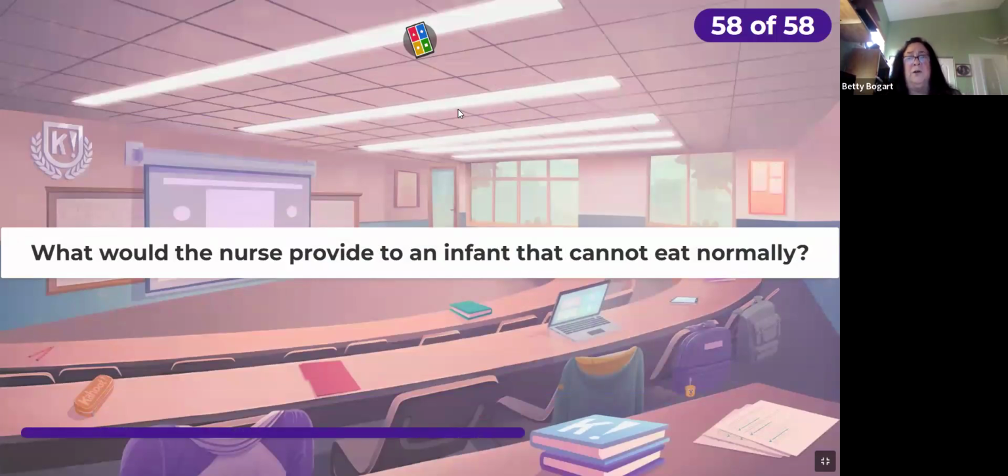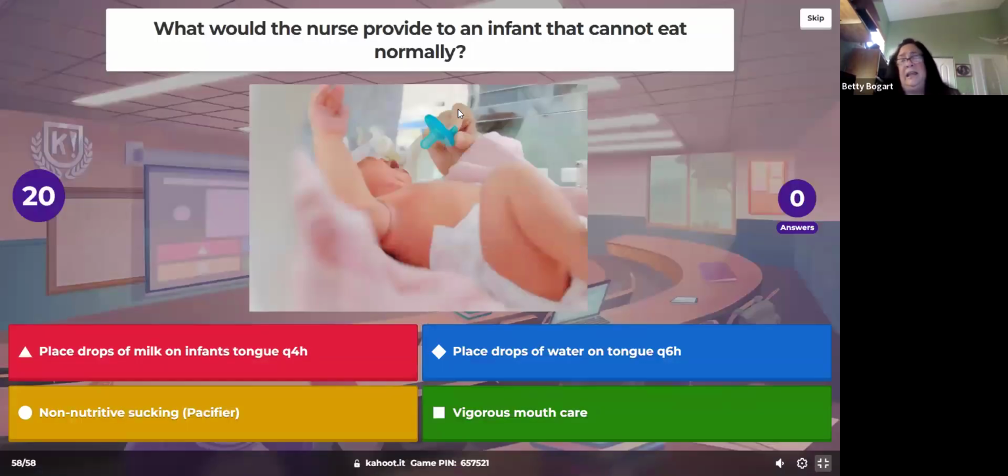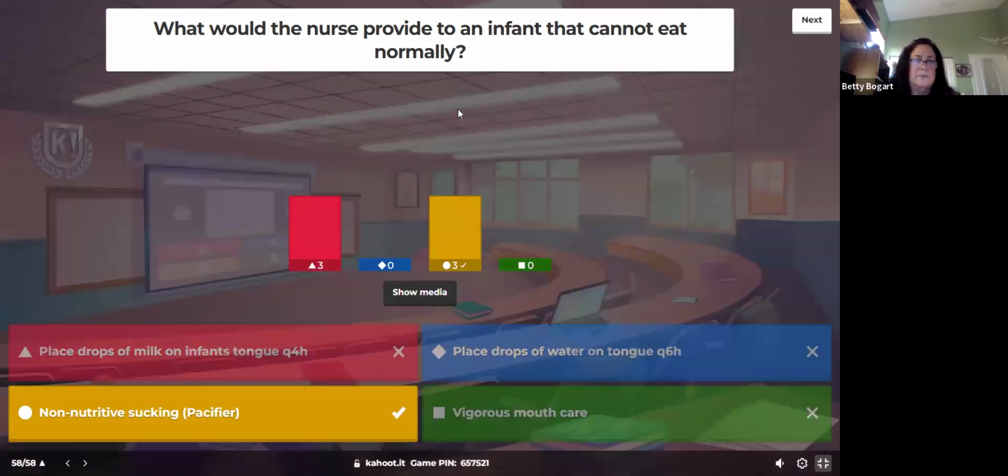And last question. What would the nurse provide to an infant that cannot eat normally? So if a baby can't eat, what do you need to do for them to encourage proper growth development? You're going to give them a pacifier.